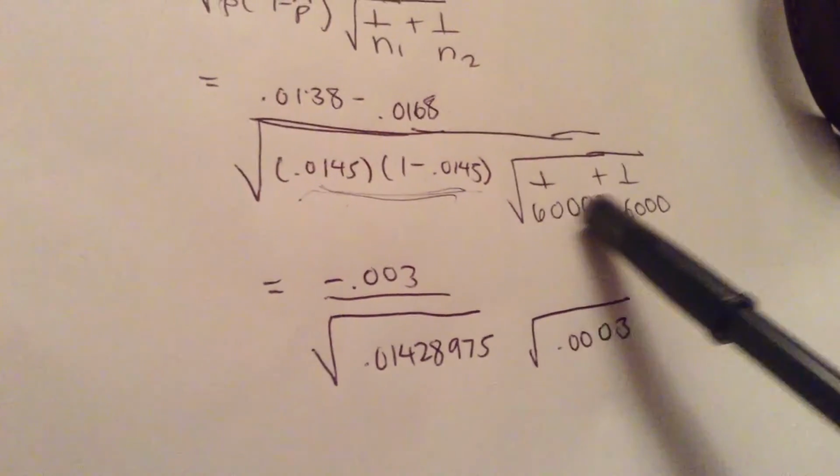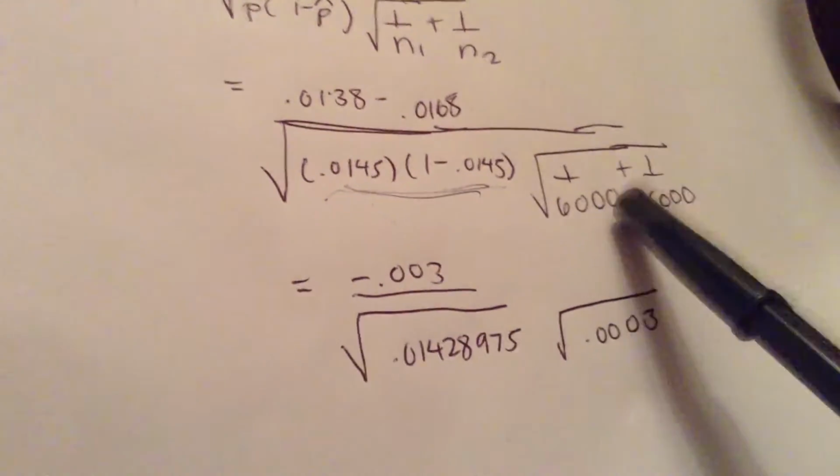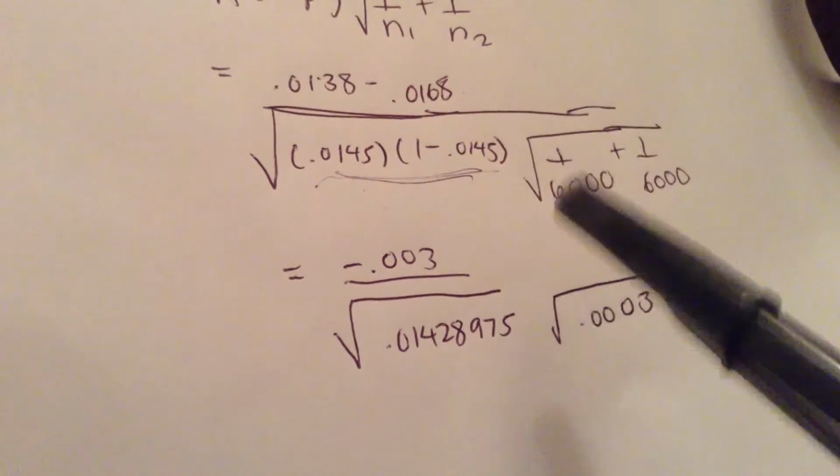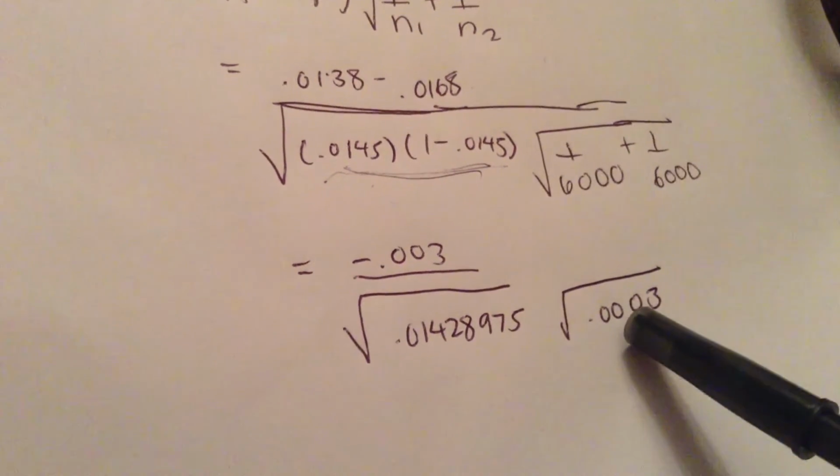Then for this right here, I divided 1 by 6,000, and since they're both the same, I multiplied that value times 2, which got me 0.003.